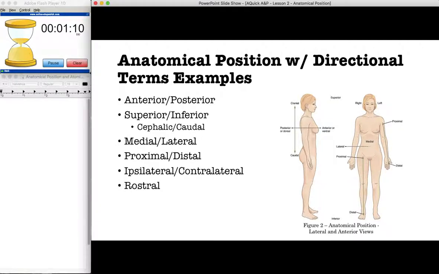And finally we have rostral. Rostral means closer to the forehead and nose. So the prefrontal cortex, which is the forebrain here, is rostral to the cerebellum. And yeah, that's your anatomical position.